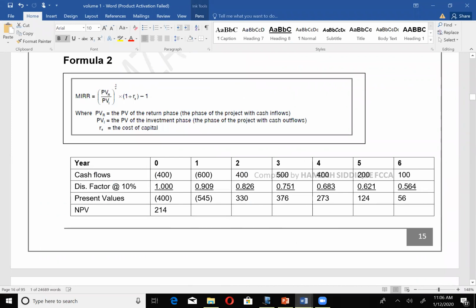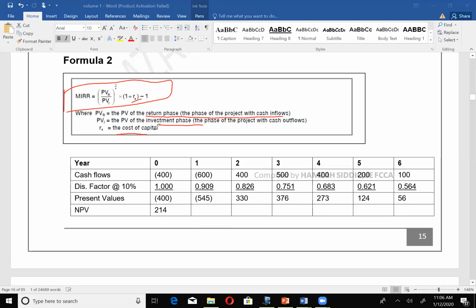You need to memorize both. It is the present value of the return phase over the present value of the investment phase, into 1 plus R, where R is the cost of capital.